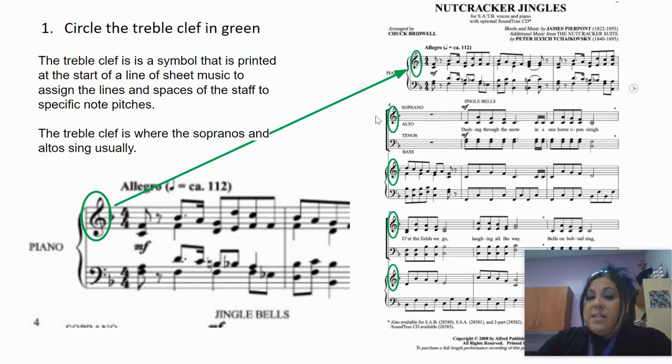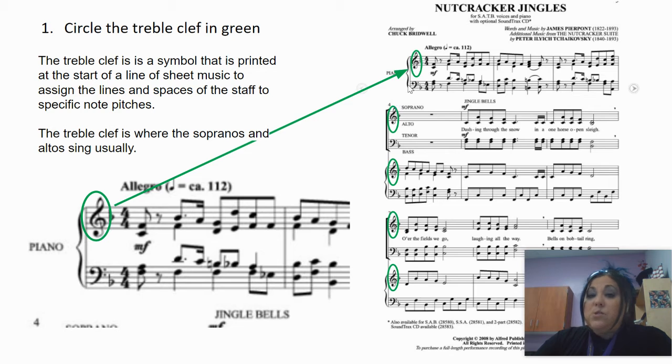The next stanza, which is what this is called, you can see from here all the way down to here is one stanza. So they have treble clef for the singers. They have treble clef for the piano. The treble clef is usually where the sopranos and altos sing. It's the higher notes on the piano.